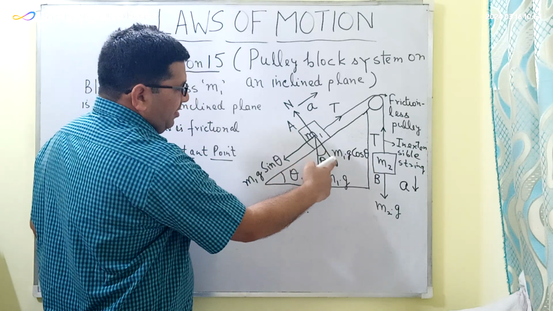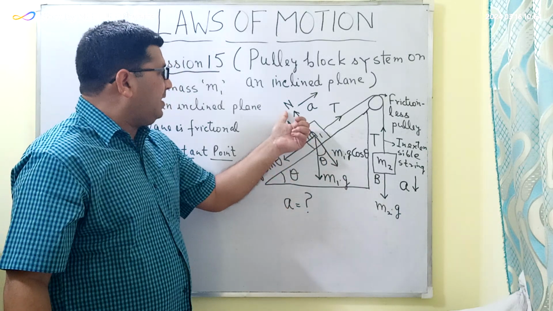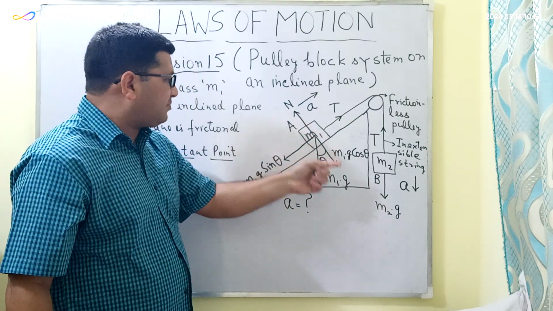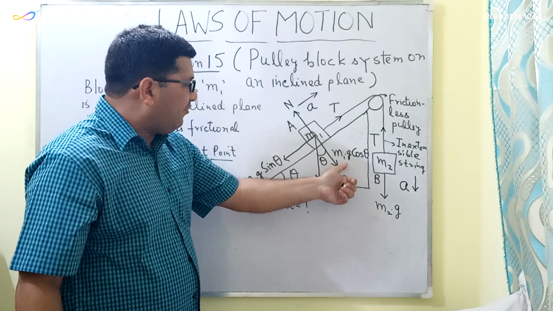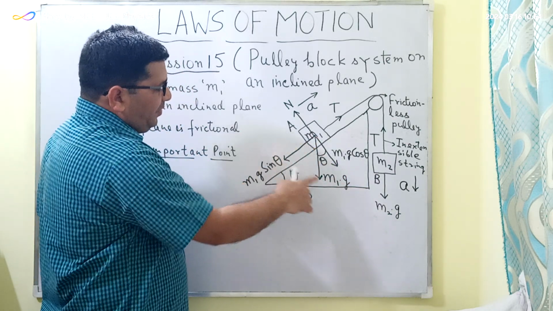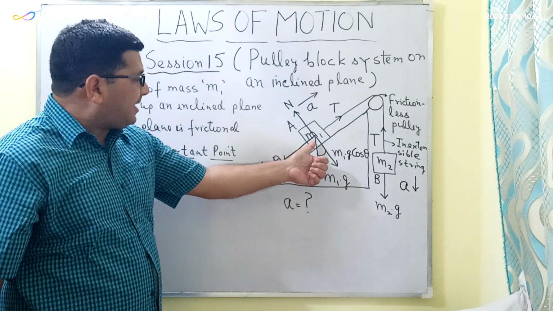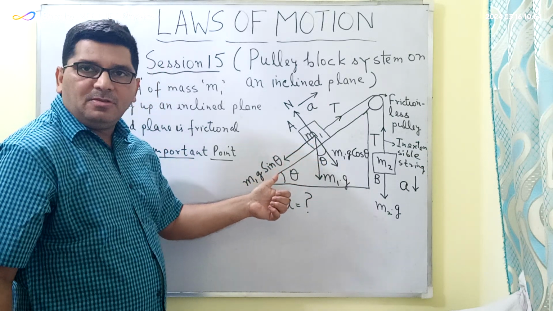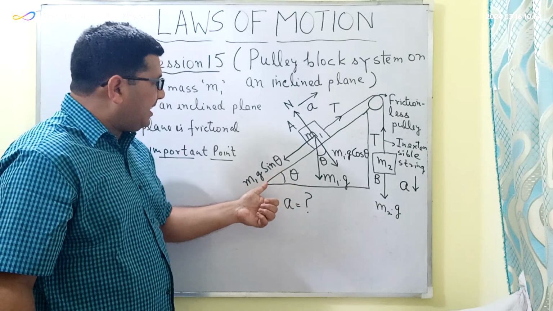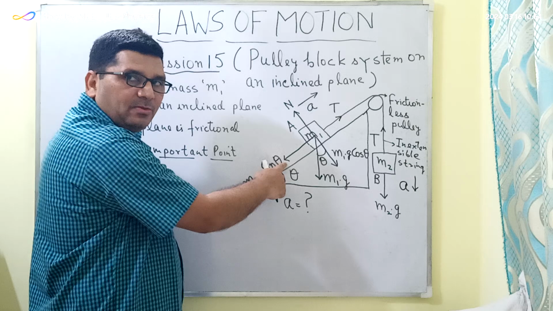therefore the component of the weight which will be balancing this normal reaction will be equal to m1g cos theta, and the other component of this weight, that is m1g sin theta, will be acting parallel to this inclined plane in the direction as shown by this arrow.